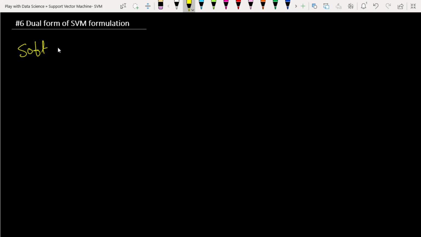First write down the soft margin SVM equations.